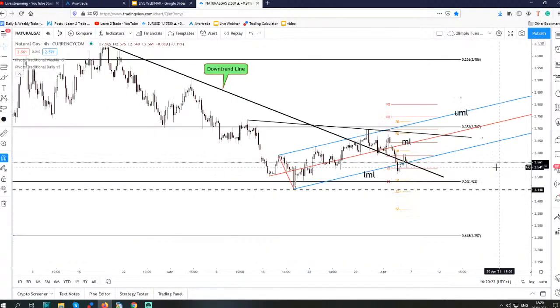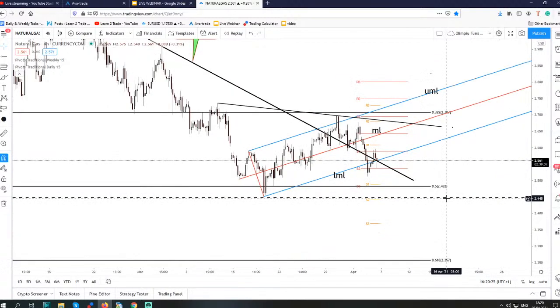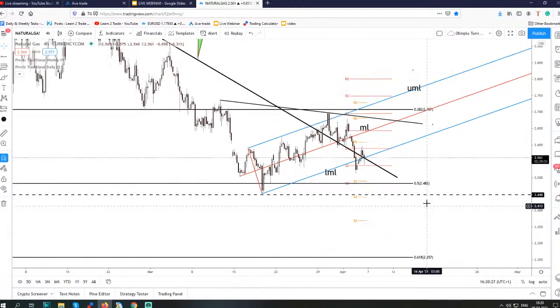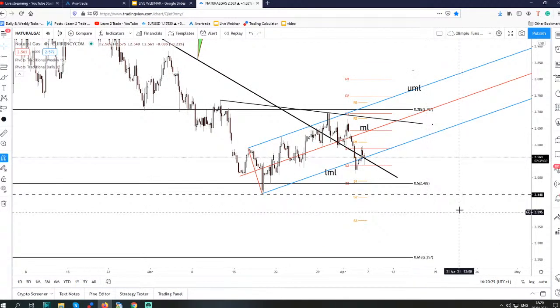And also we could have a selling opportunity here on natural gas if the price will drop again below the 50% retracement level, and if it will make a new lower low, if it will drop right below 2.44.